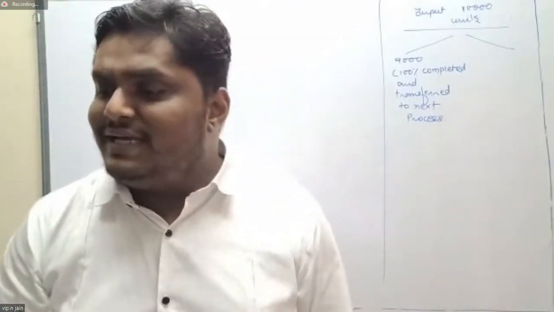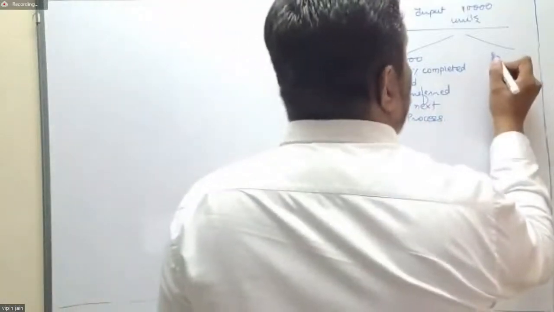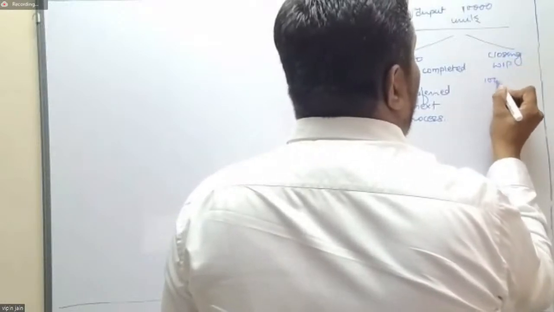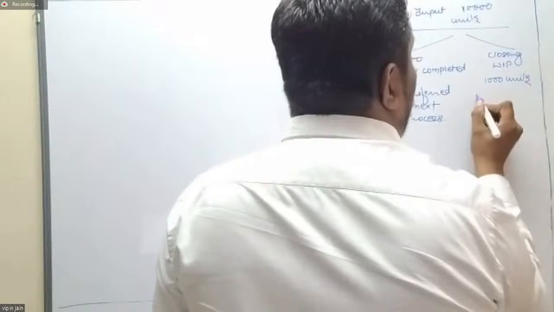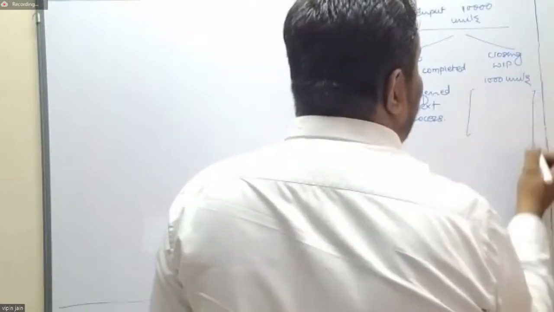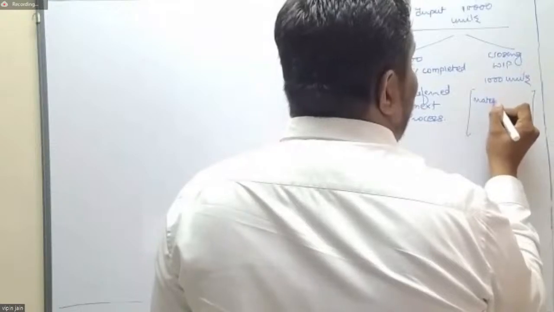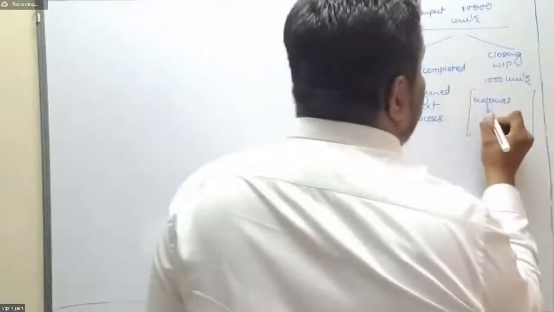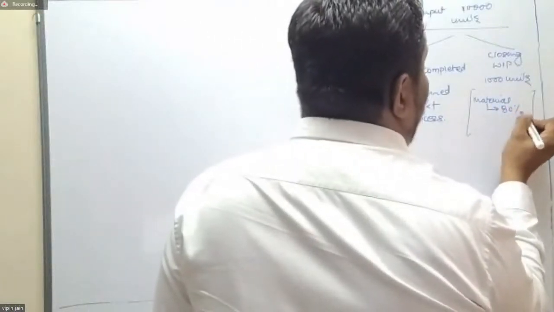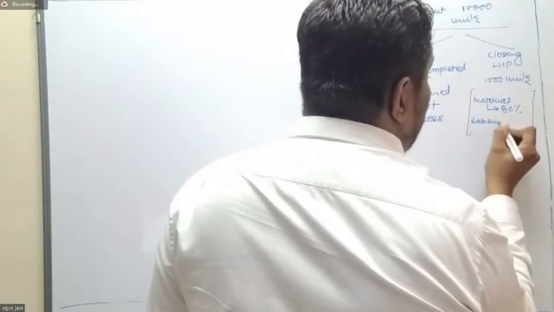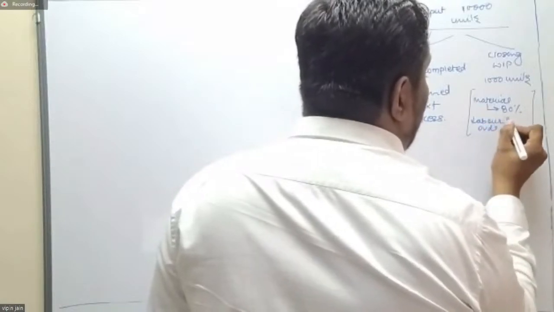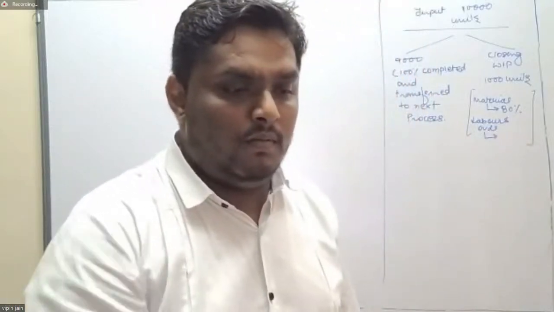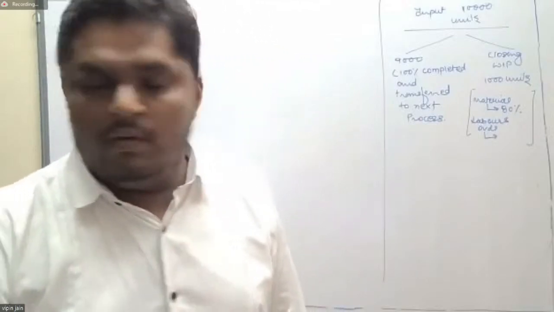But 1,000 units are still in process. When talking about the percentage of completion, the material part is 80% complete and labor and overheads 60%.